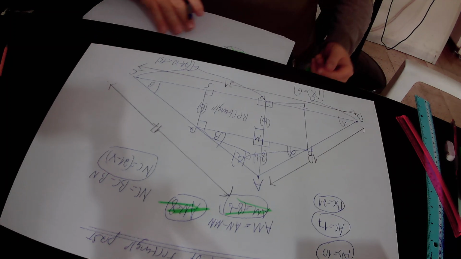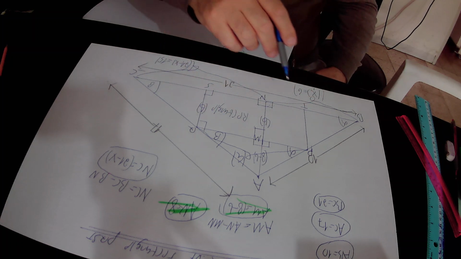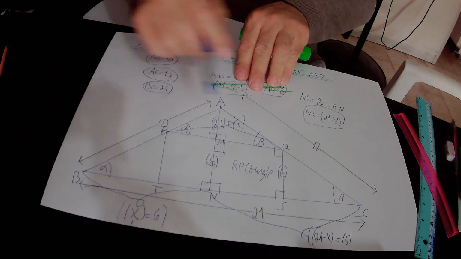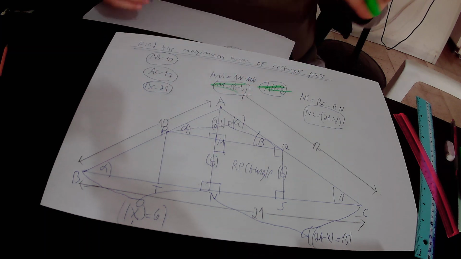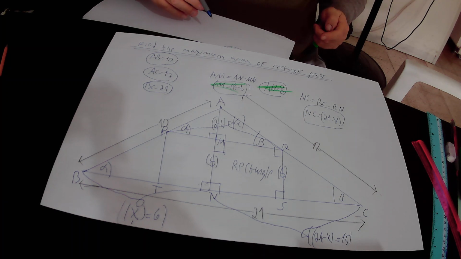In the next step, we'll prove that the big triangle ABC is similar to this small triangle APQ. According to the rule that in similar triangles, the ratio between the sides is equal to the ratio between the corresponding sides.